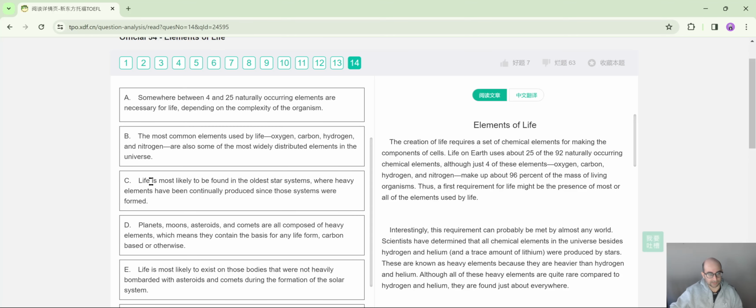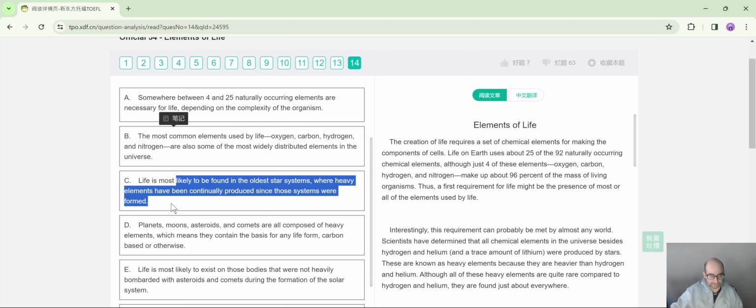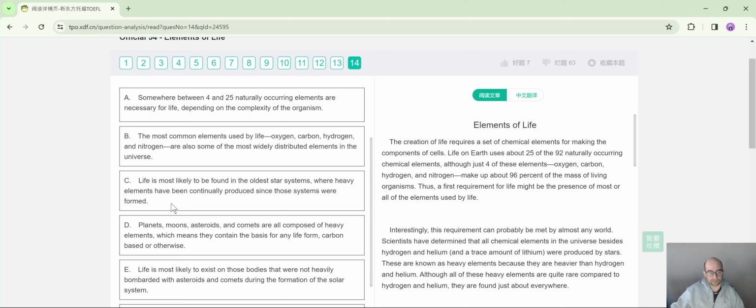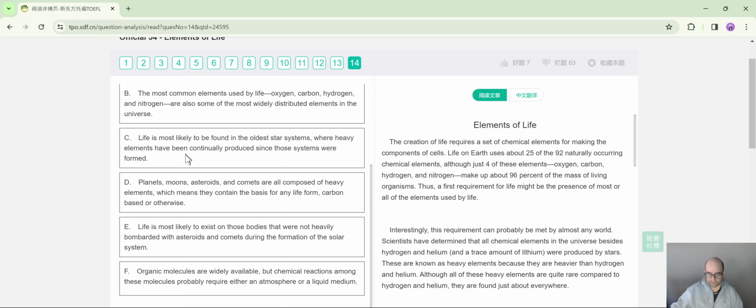Choice C, life is most likely, be careful of this language, to be found in the oldest star systems where heavy elements have been continually produced since those systems were formed. So it's kind of referring to the comparison here, but this "most likely" makes it suspicious, extreme language. Let's skip it just in case. It's kind of specific too.